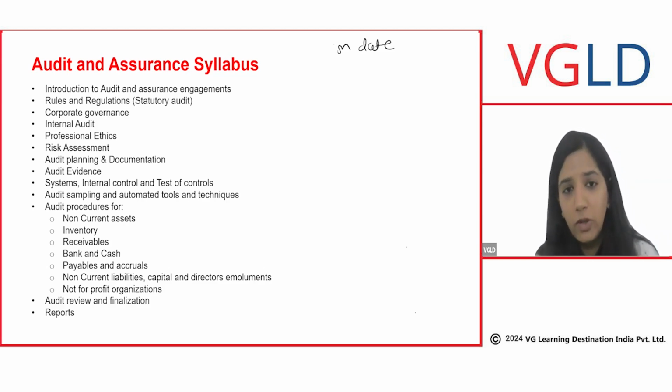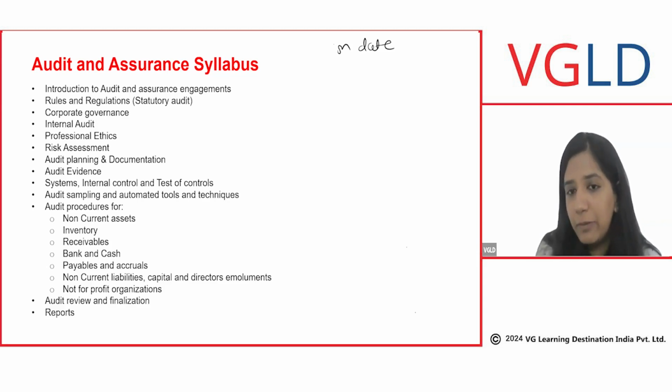Whether it is a non-profit organization, whether it is a partnership, what is the nature of your client? Is it a company? Is it only operating in India? Is it a global company? Does it have a global footprint? What all laws and regulations are applicable on that particular company?